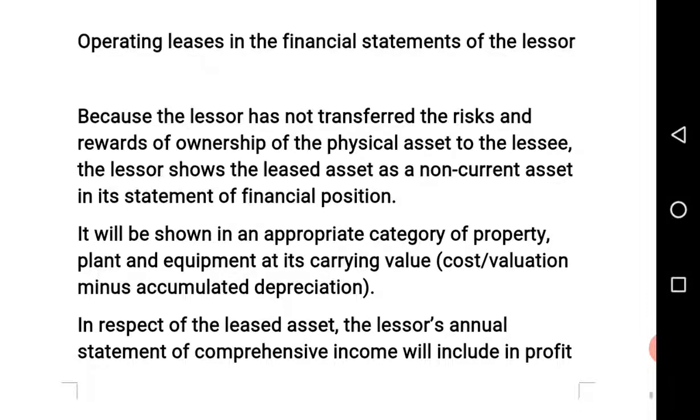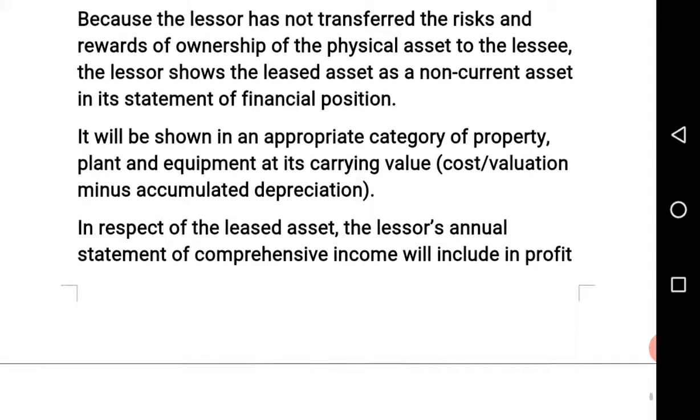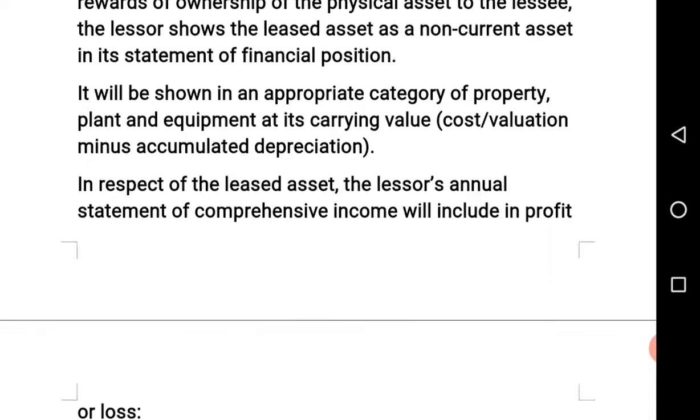It will be shown in an appropriate category of property, plant, and equipment at its carrying value, as cost or valuation minus accumulated depreciation in respect of the leased asset.